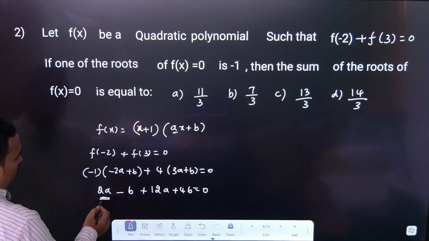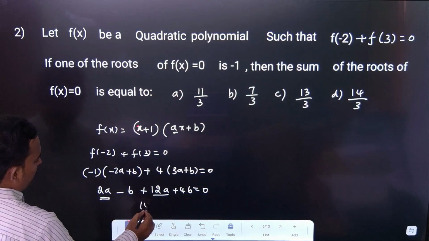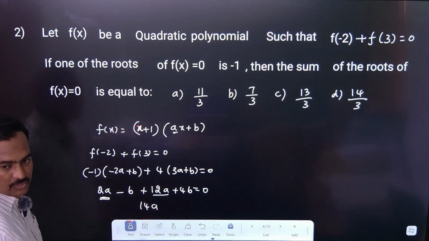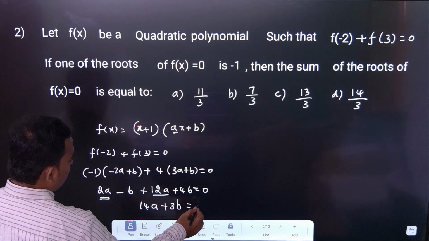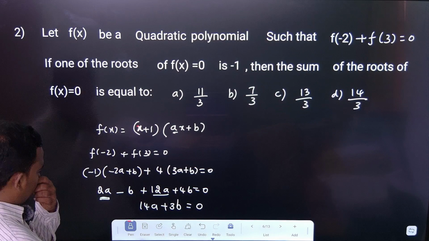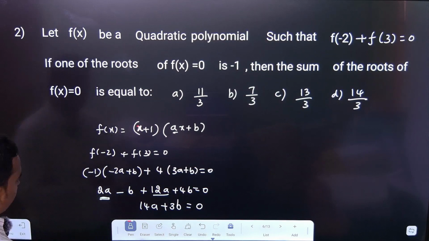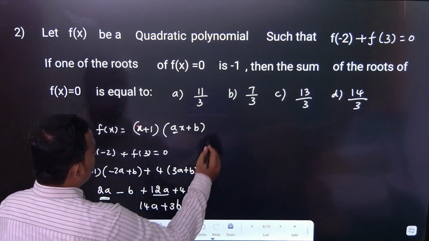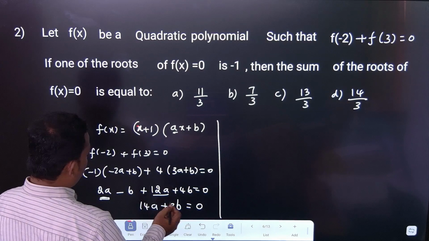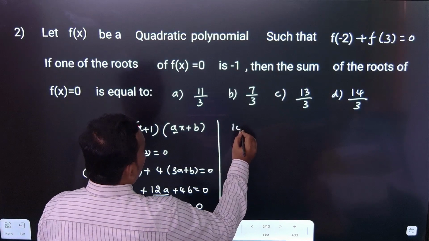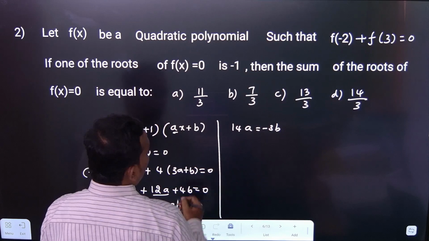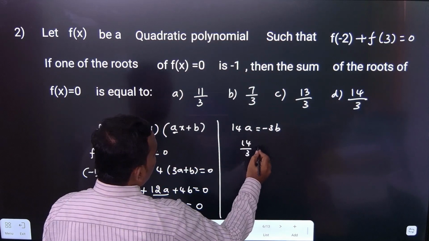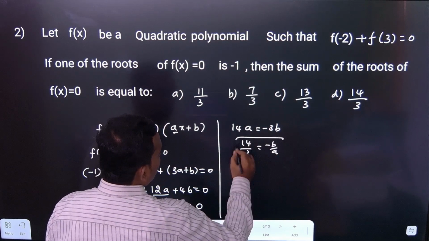So 2a plus 12a is 14a, minus b plus 4b is plus 3b, equal to 0. Correct? So 14a plus 3b, so 14a is equal to minus 3b. Therefore, 14 by 3 is equal to minus b by a.